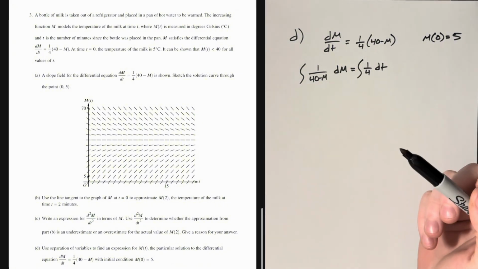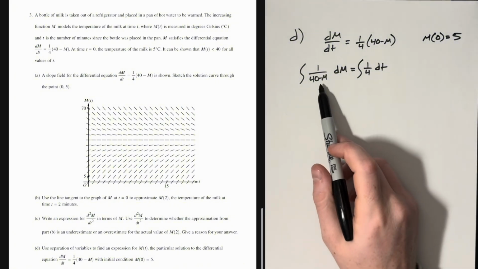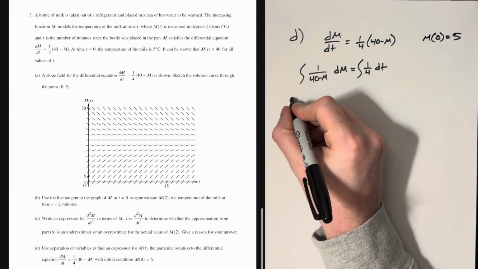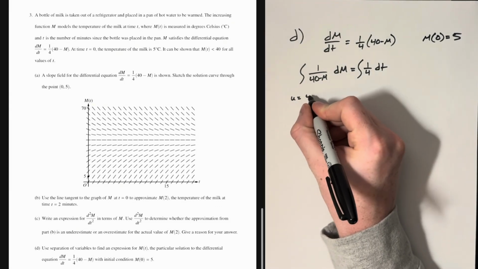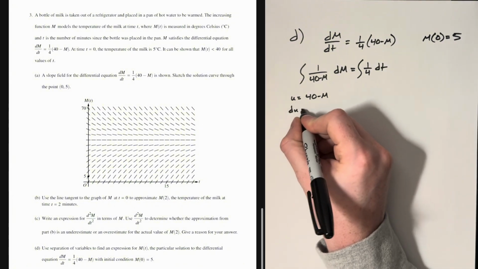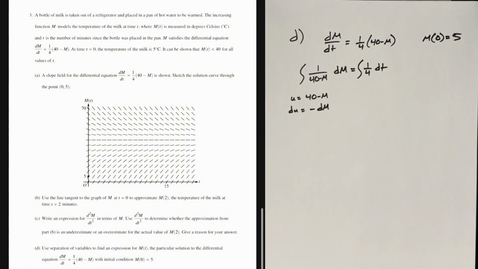We have 1 over 40 minus m. I might be tempted to say, oh, this is just the ln of 40 minus m. But our derivative of this inner function is not 1. So we'll need to do some sort of u sub. If I do a u sub of 40 minus m, my du is negative dm.